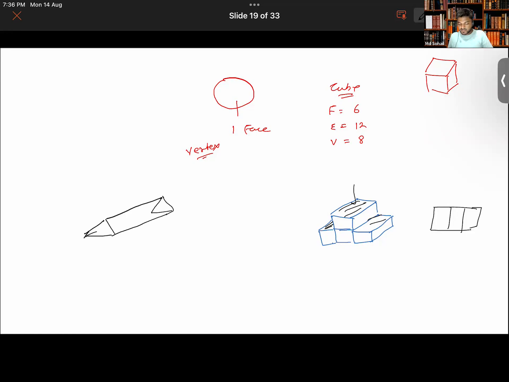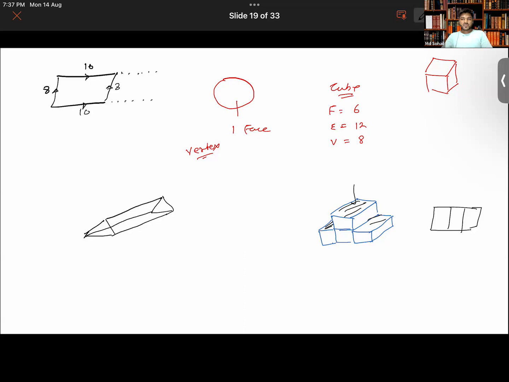Not necessarily slightly tilted. A parallelogram is a quadrilateral in which the opposite pair of sides are parallel and equal. They are parallel to each other. That means they will run indefinitely and never intersect each other, and they are also equal in measurement. Getting it, guys? 10 centimeter, 10 centimeter, 8 centimeter, 8 centimeter, for example. So that's a parallelogram.